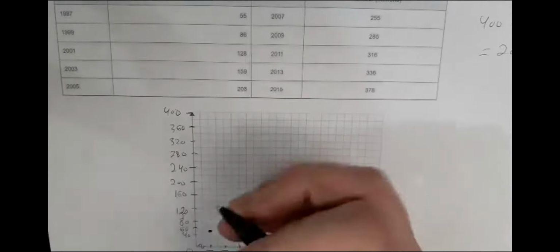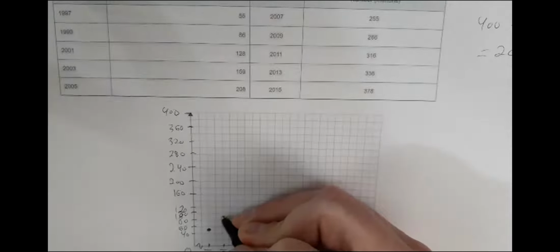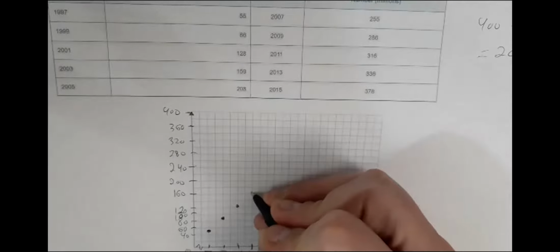At 1999, I have 86. A little bit over 80 right here. This one's a 128, so this one's a little bit over 120. This one's at 159, so it's right there, probably right at 160 about.